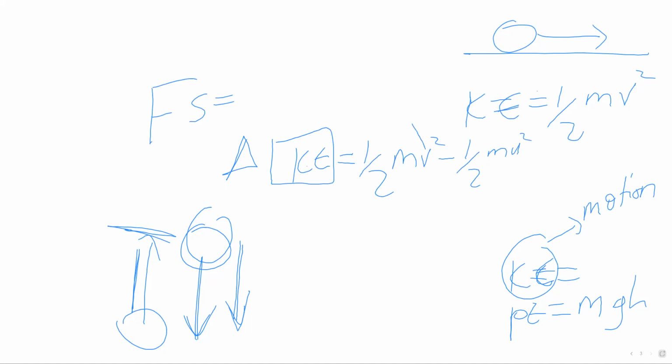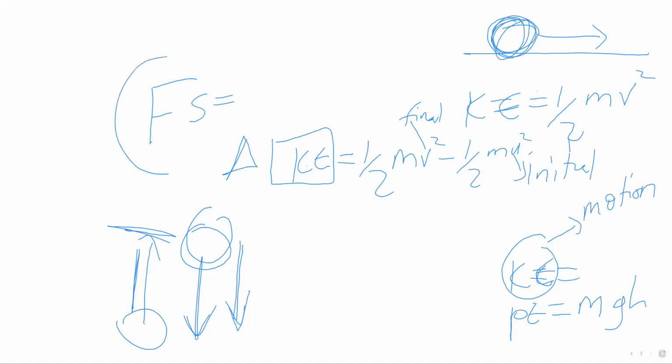So this is the final velocity, and this is the initial velocity. That's a change in kinetic energy. So the work we are talking about, if we are doing work, there's an object here, we are applying some force, and this object has to move in that direction.